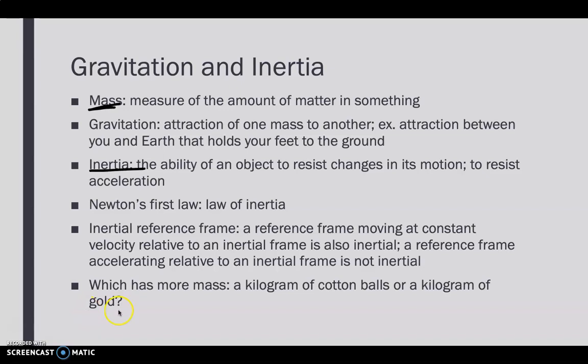The gold is denser than the cotton balls, so the gold must be more massive. But that is incorrect. Mass, remember, is a measure of matter, and mass is measured typically in kilograms. So which one has more mass? A kilogram of cotton balls, a kilogram of gold, they're the same.